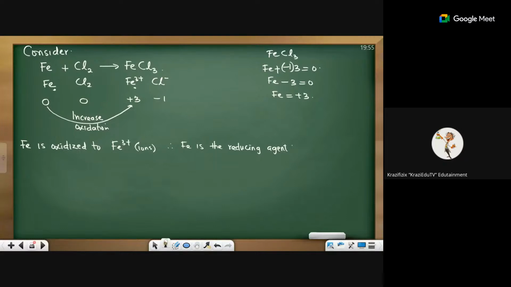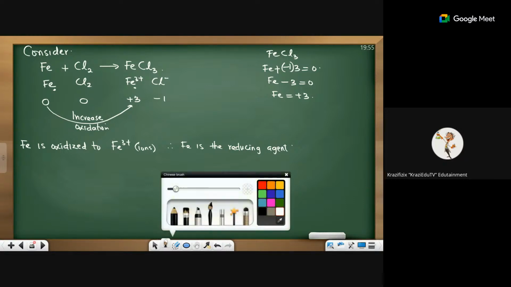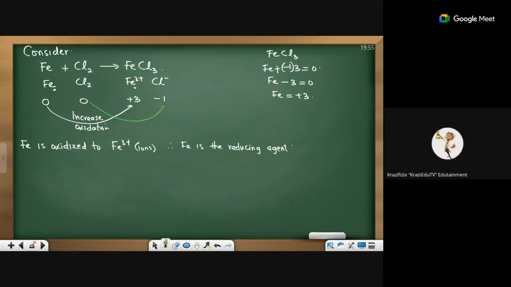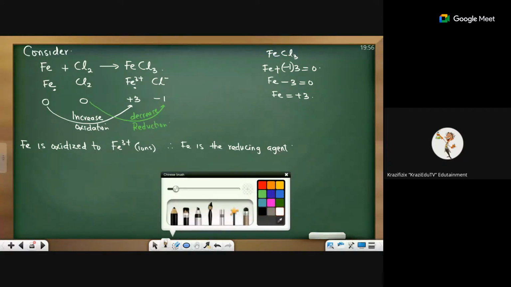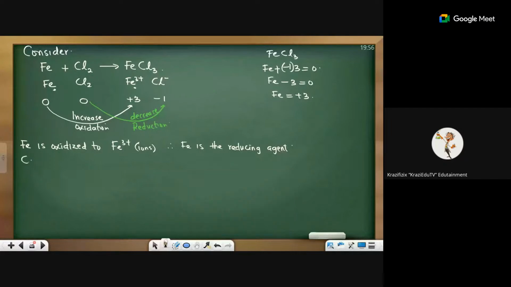Remember, we are saying it is oxidized because there is an increase from 0 to positive 3. Which one decreases? From 0 to -1. That is a decrease. And what do we call that? Reduction. Okay, check this. Cl2 is reduced.